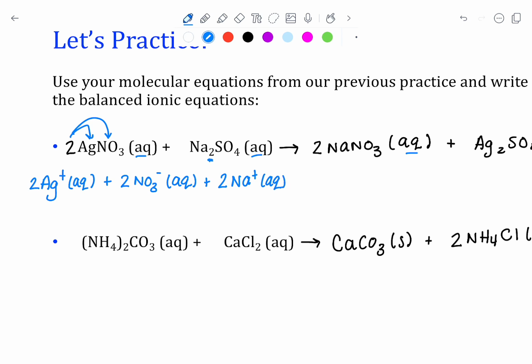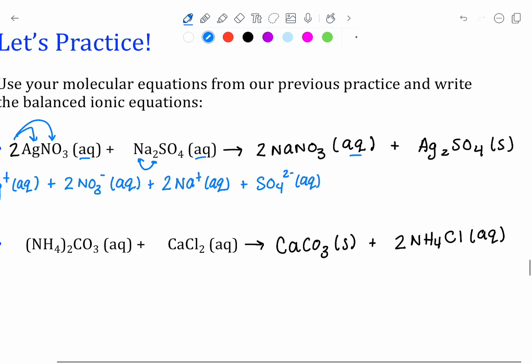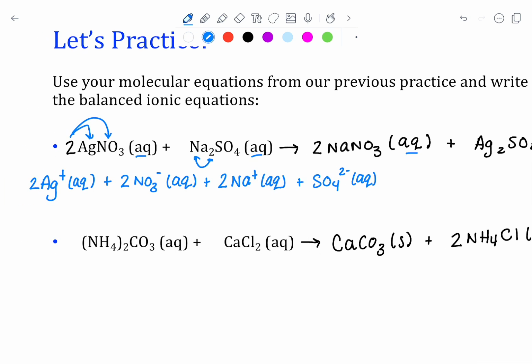So my 2 from sodium came up here. Plus SO4 2- (aq). So that's my reactant side. Everything is represented as an ion. Our reactants are always going to be all ions. We're never going to start with a precipitate.